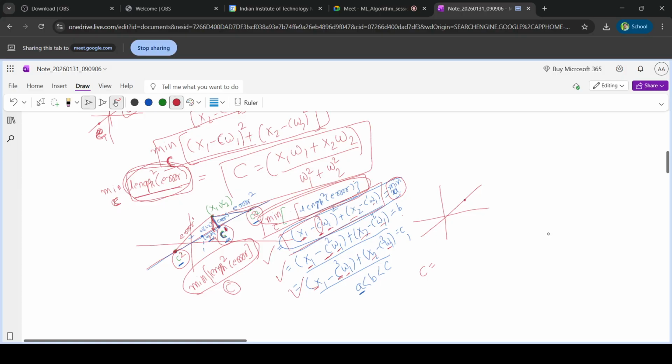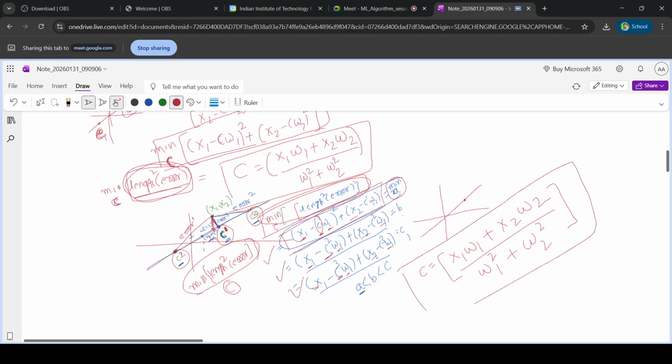Okay, so what happened here? In the exam they will give some question, but you have to find out c. So how will you find c? This equation that we derived after the calculation, x1 w1 plus x2 w2 divided by w1 square plus w2 square. So this is how you find the best c value.